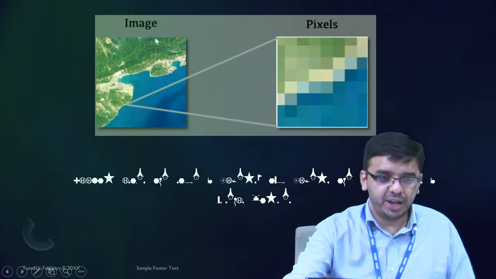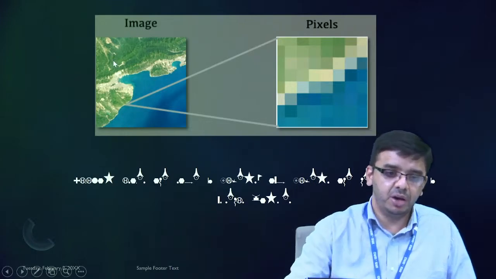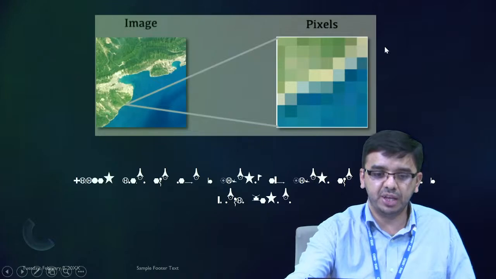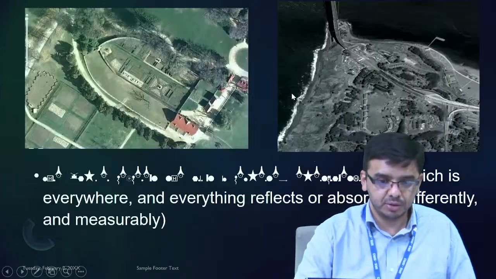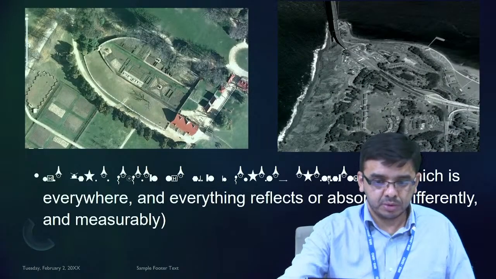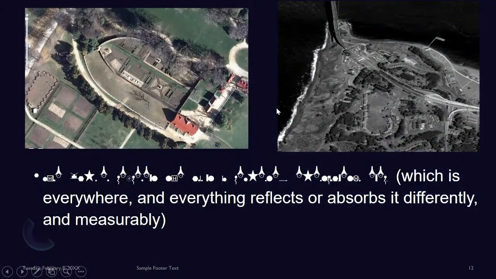Here we can see that an image is represented as a grid of cells or pixels. Everything reflects and absorbs energy differently and measurably. The reflected energy from an object is captured by a device and displayed.